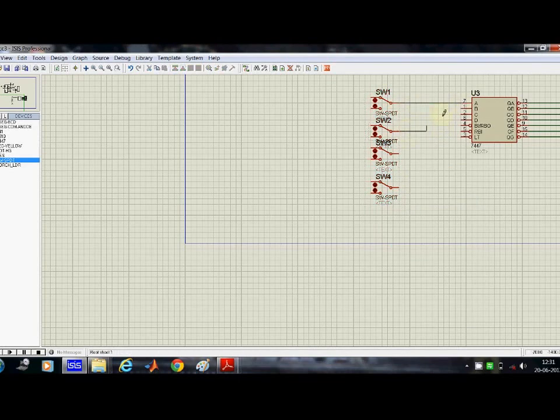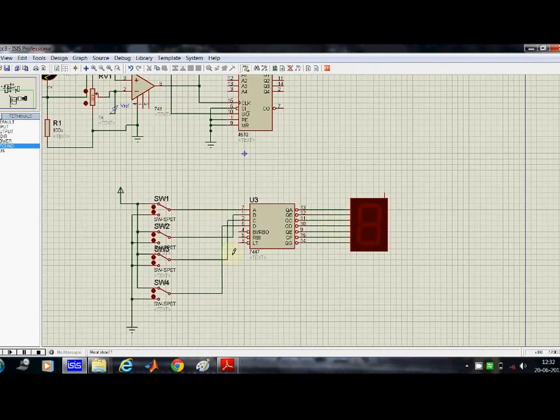Suppose this is the first one, second, third, and fourth. We'll give the power and ground terminal to each of them. So now we will simulate it.